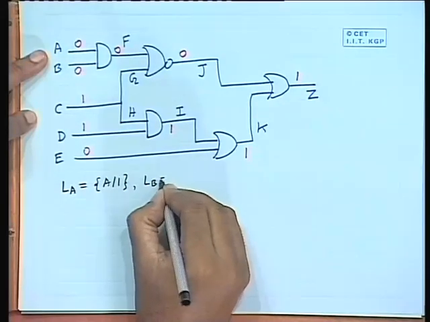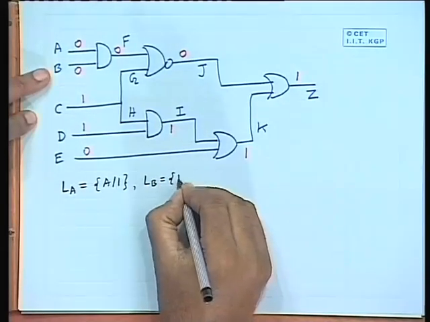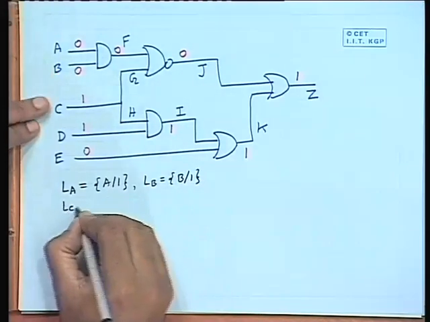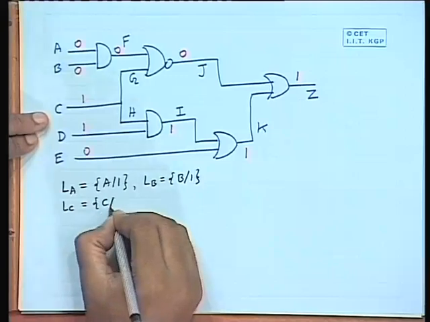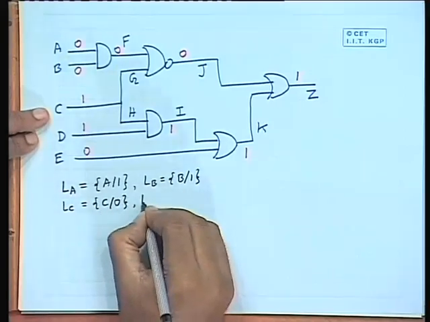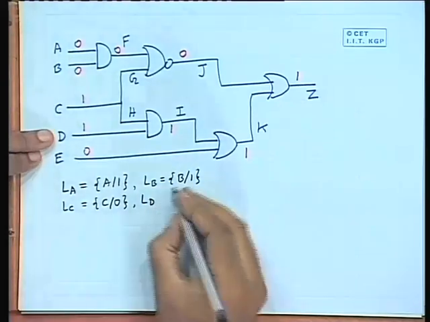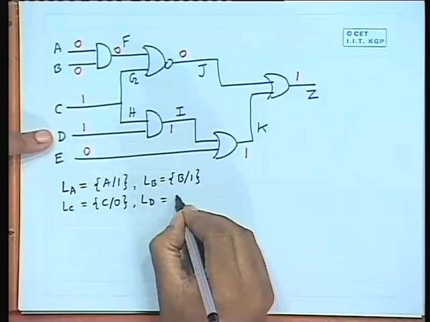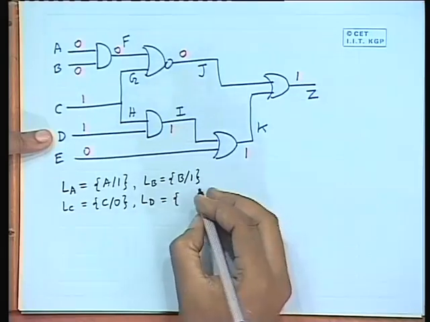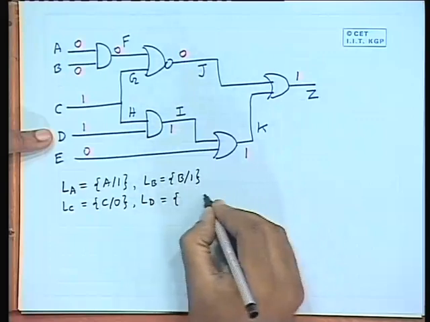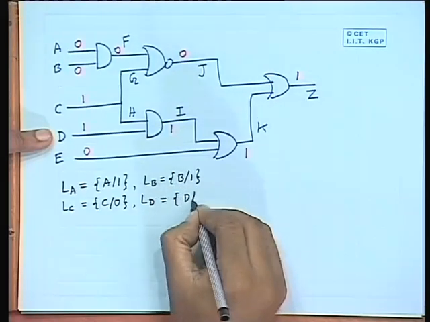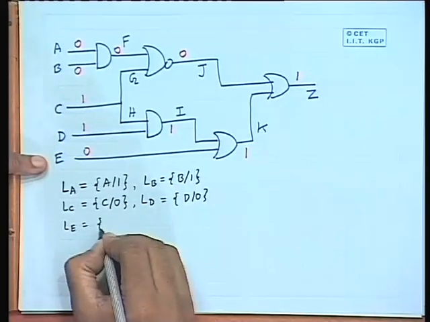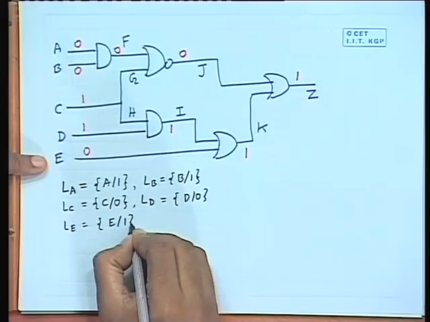Similarly, LB will contain only B stuck at 1. LC will contain C stuck at 0. LD will contain D stuck at 0 and LE will contain E stuck at 1.